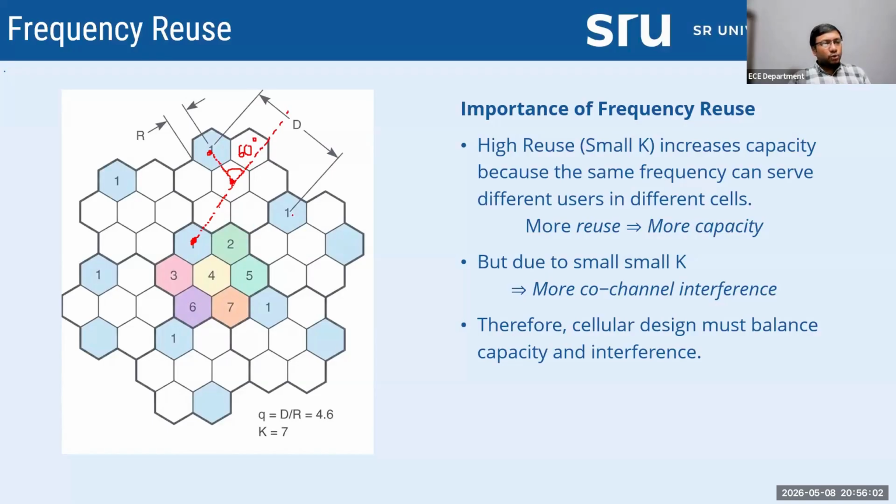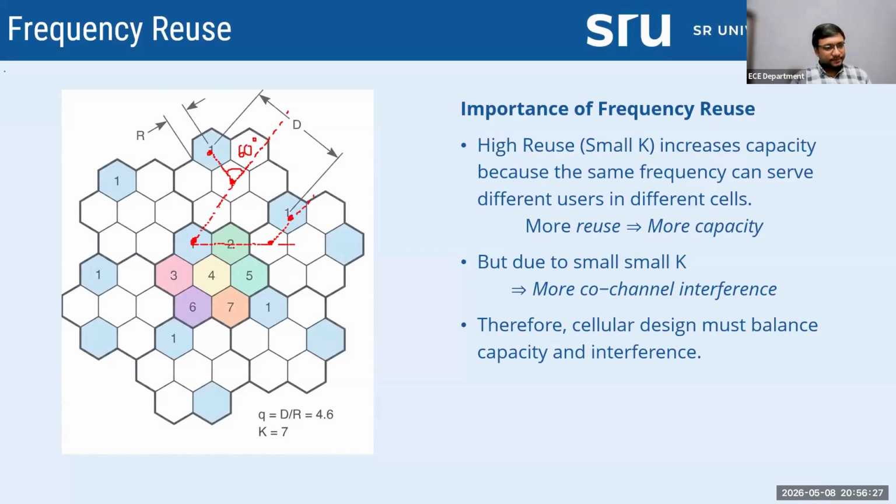Similarly, suppose I want to reach this cell. Again, I will travel from here like that, and after reaching the center, if I move like that, I will not get the nearest co-channel cell. So again I will turn 60 degrees and then reach this cell.